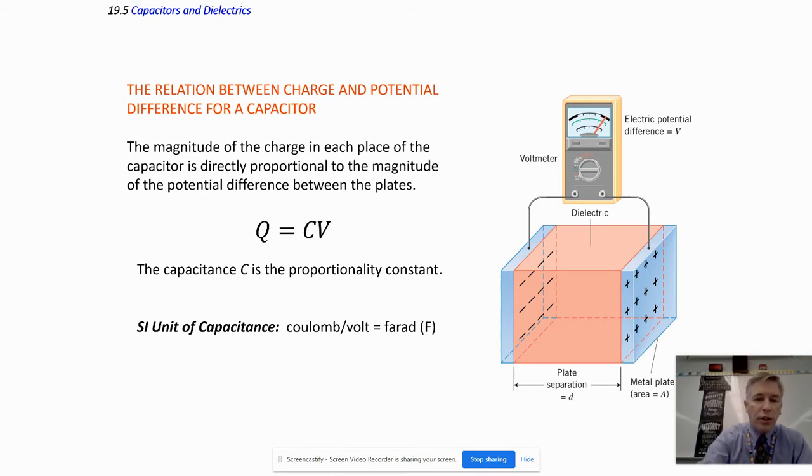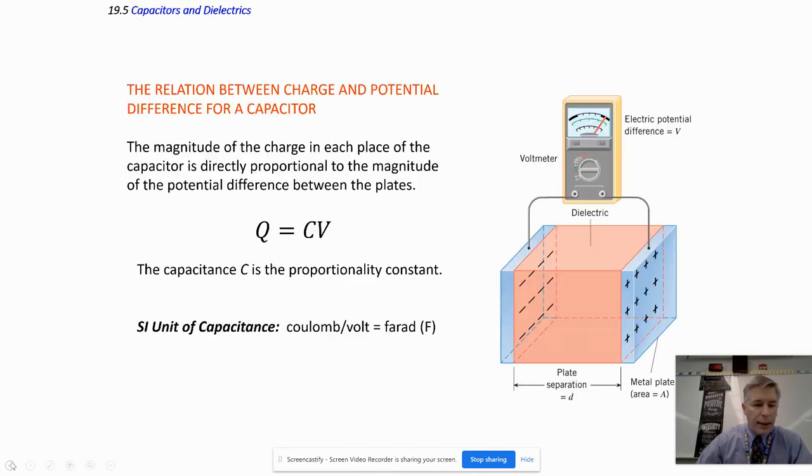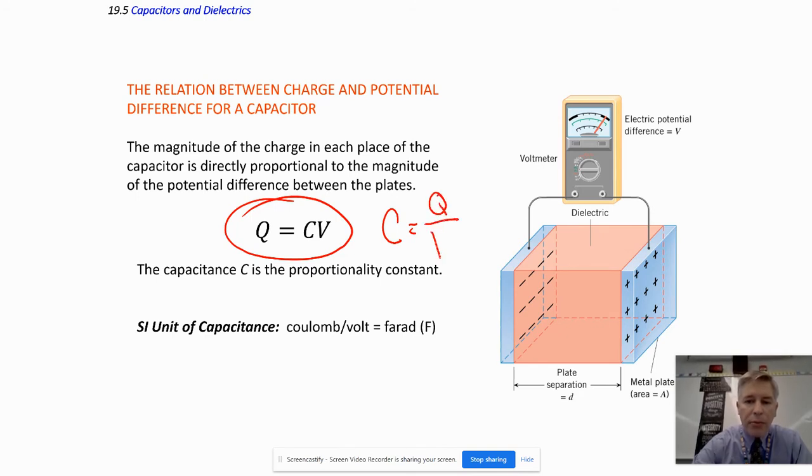It's how much it actually stores. So here's our equation right there. But really where it comes from is C, the capacitance, is the quantity of charge on each plate divided by the voltage or potential across the plates. So that's a good way to think of it.